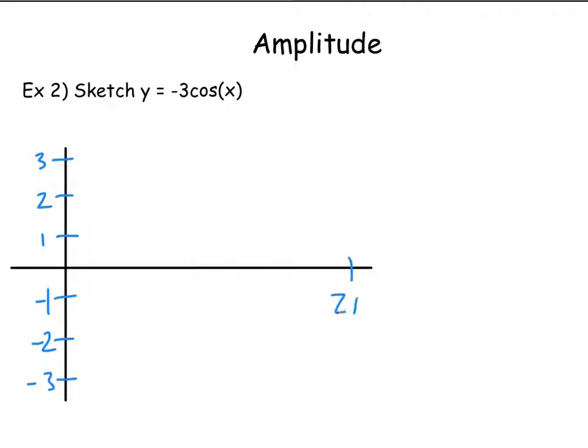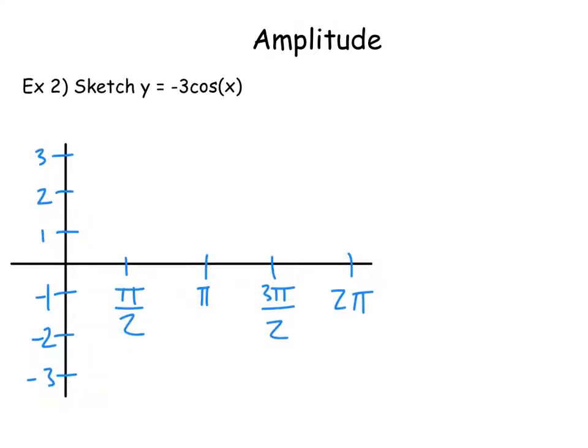And of course, I'm going to set up one period of the graph, and notice again, without even thinking about it, I go to 2 pi, because we know that this number that affects the amplitude doesn't change anything in regards to period. Okay?